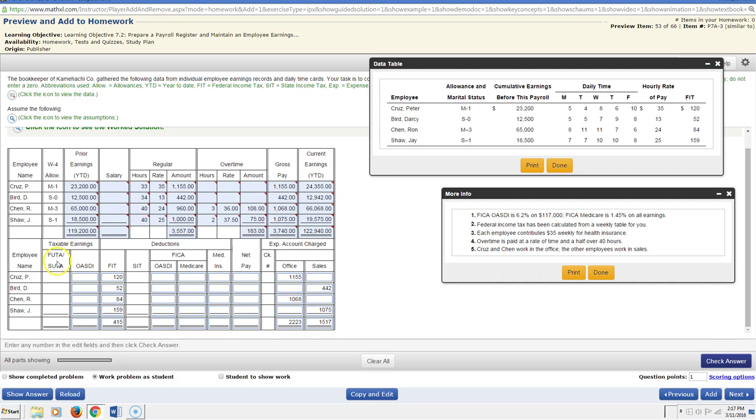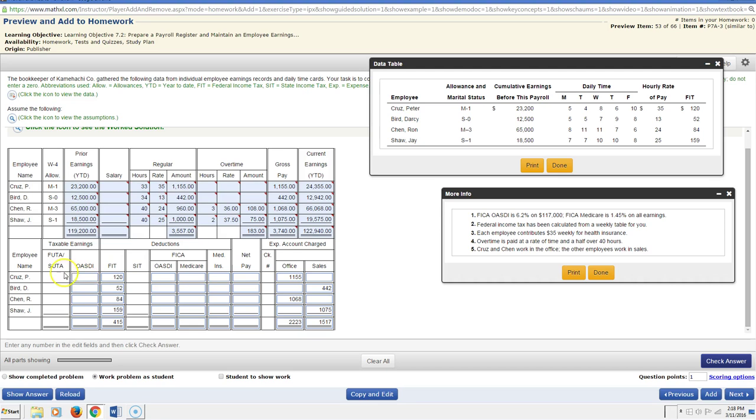This problem deals only with the employee's obligation to have taxes withheld by the employer. And this will come later, the calculation of federal unemployment and state unemployment taxes, which are separate taxes levied on the employer that must be paid separately.